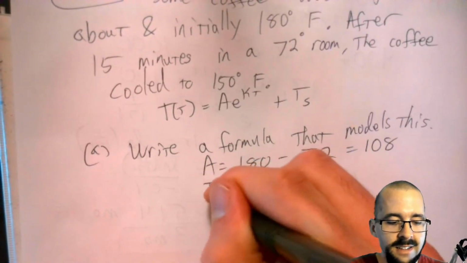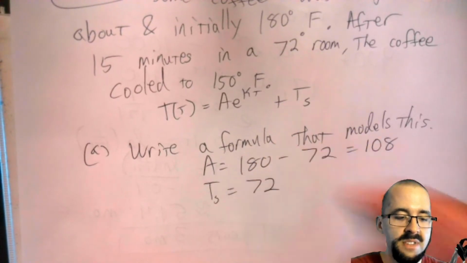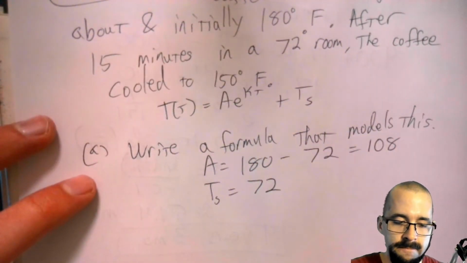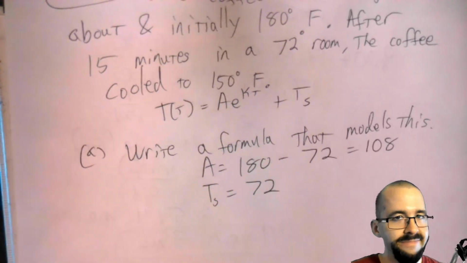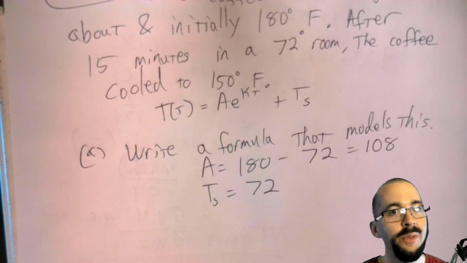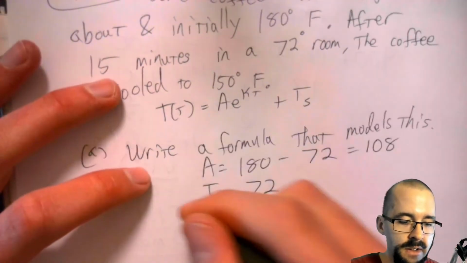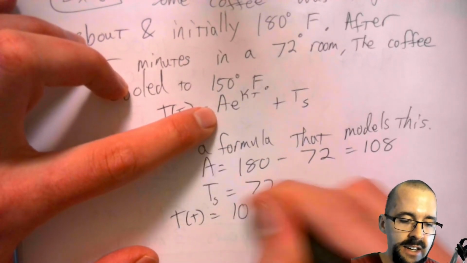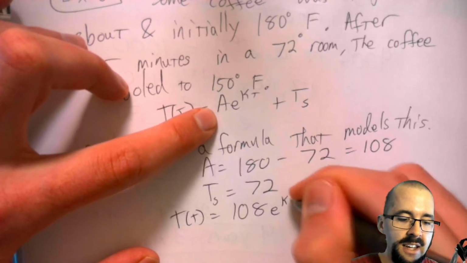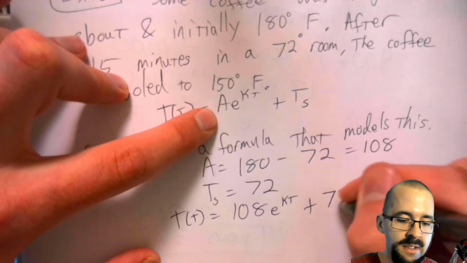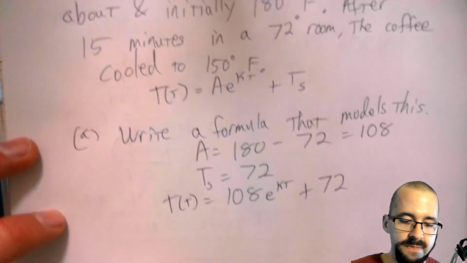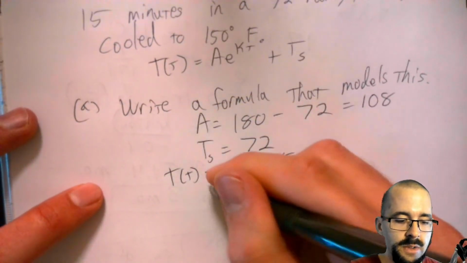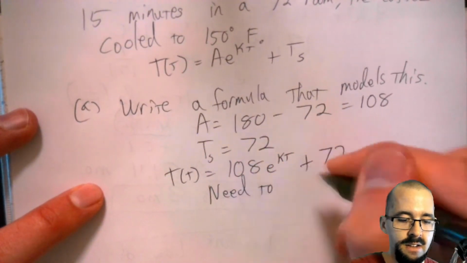T sub s is that ambient temperature, which we said the room is 72 degrees. K, we don't know k. We're going to have to find it. So we know that T of t is going to equal A, which is 108, times e to the kt, we don't know that, plus T sub s, which is 72 degrees. So we need to find k.